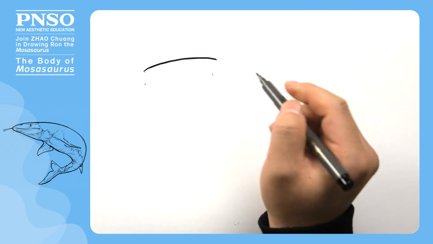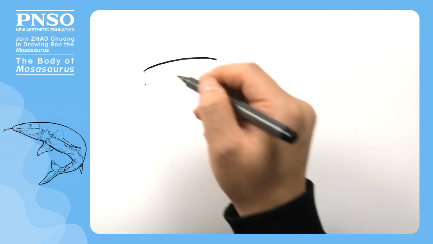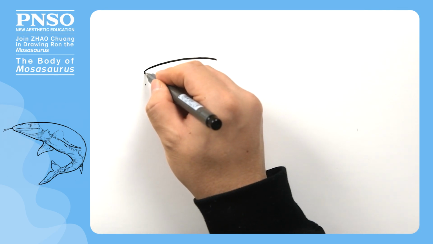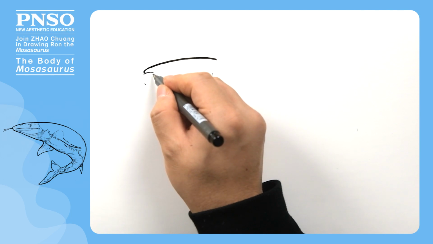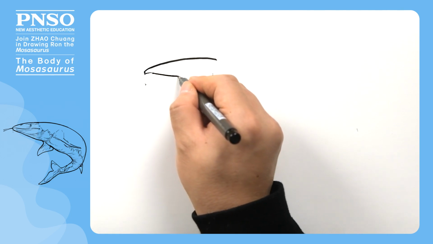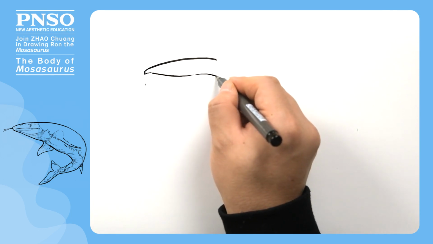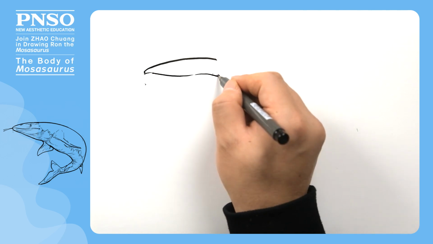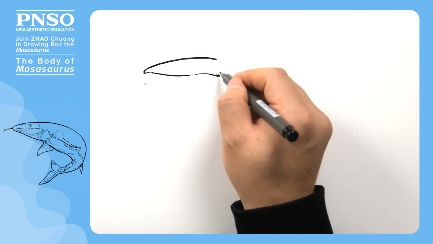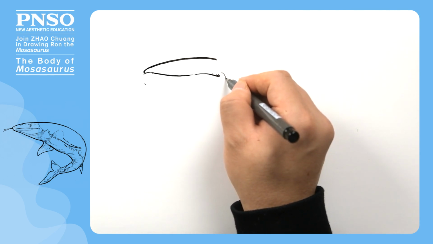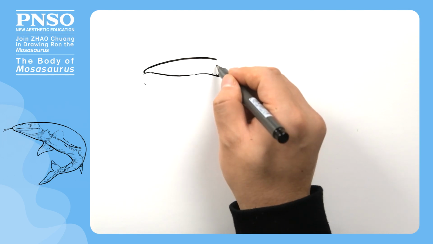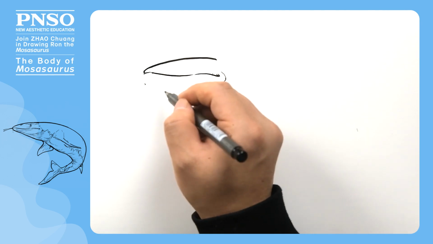Then, we can start to draw the top of its head. Here is its mouth. Its mouth ended at a very rear position. Its lower jaw was longer than its skull.